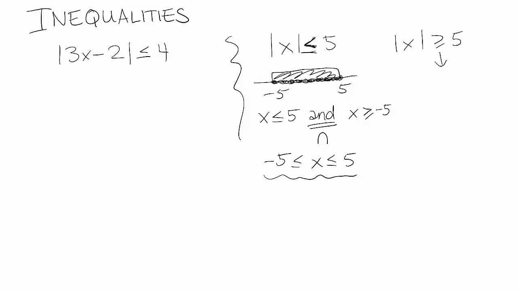Now, what's the opposite statement to that? Well, same thing here. We have our equals. 5 and negative 5 make it equal to 5. But when is it greater? So all of this outside is when it's greater.